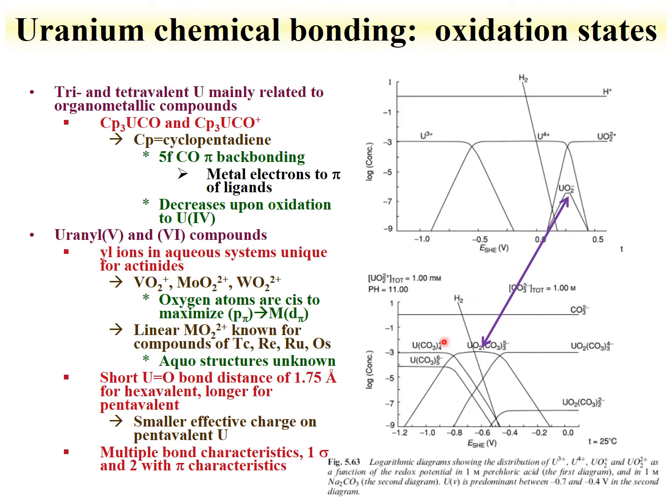So by changing the ligand conditions, we can change the speciation of the system and stabilize different oxidation states. Now, uranium-5 and uranium-6 compounds have what are called these yl oxygens, where you get a uranium double bond to an oxygen, at relatively short distances, and this characteristic plays an important role in the chemistry of uranium.